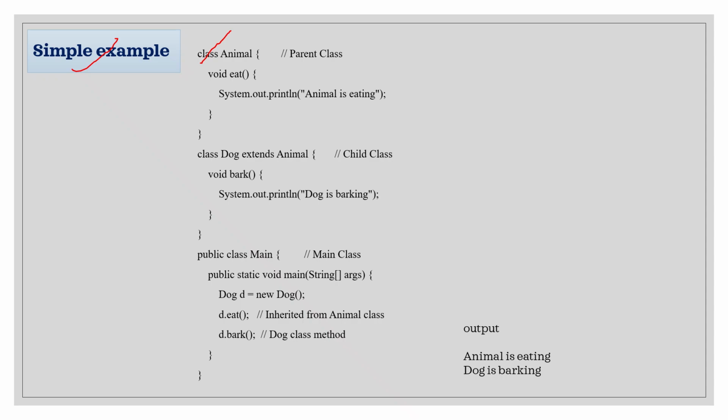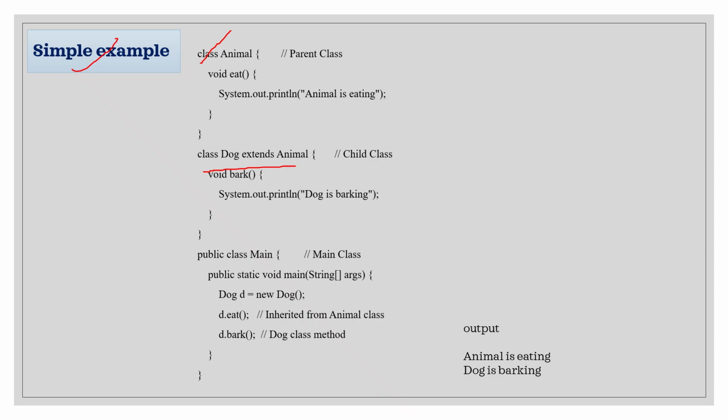And next we have the dog class, and dog extends animal. Dog class takes features from the animal class using this extends keyword. So when we write dog extends animal, it means dog gets the properties and methods from the animal class, which is the parent class.